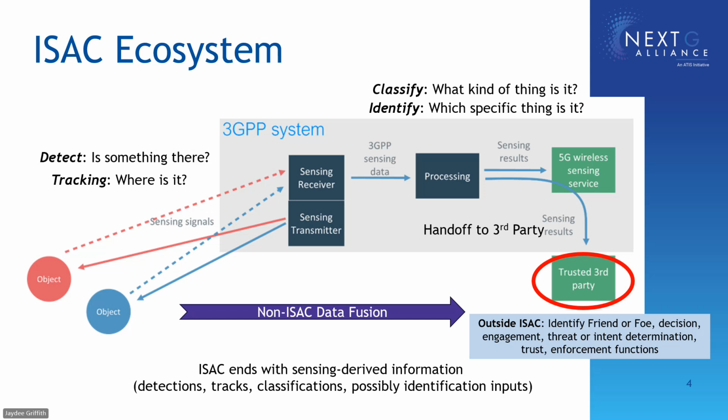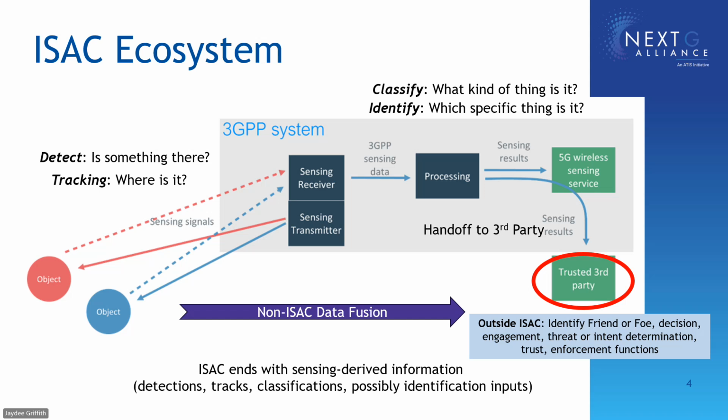Is something there? Where is it? The sensing signals and the technology that's required in order to do the sensing from a 3GPP system. There is also work done, taking that sensing data and doing the processing of it to classify and identify it, what kind of thing it is and what specific thing it is, and provide those sensing results into a 5G wireless sensing service that exists within the 3GPP system.